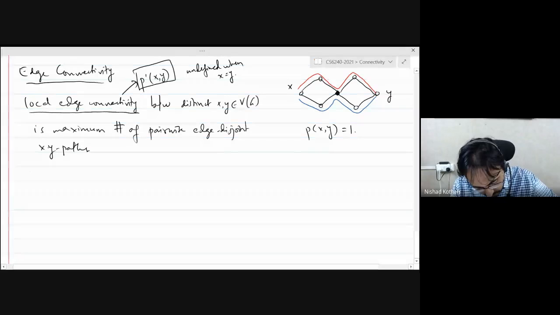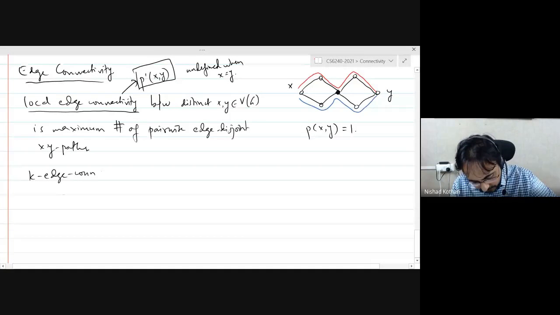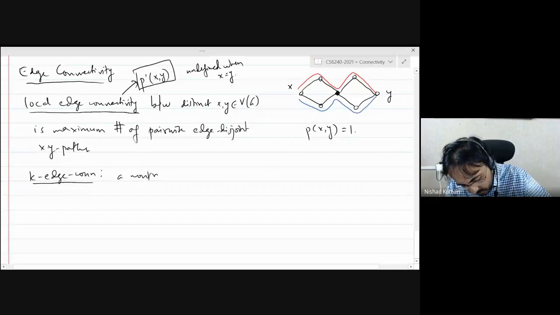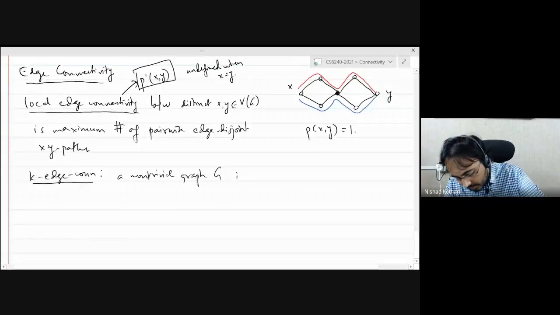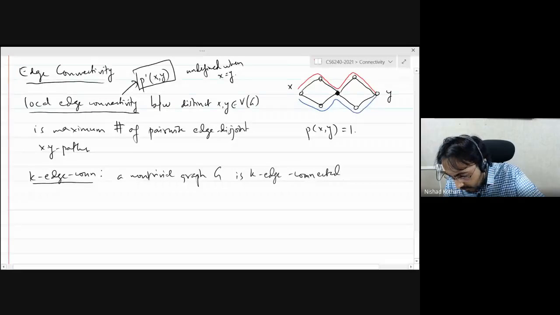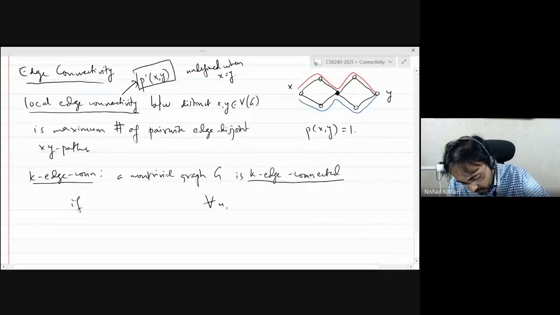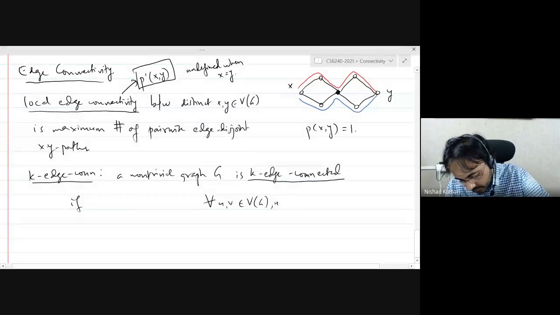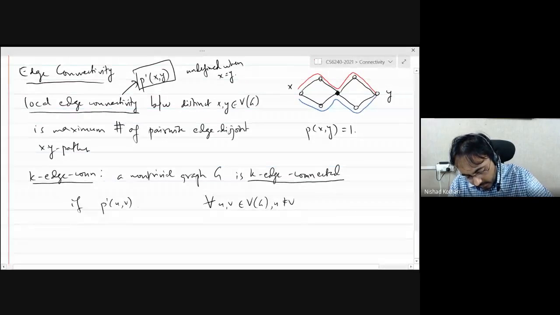So a k edge connected graph: a non-trivial graph G is k edge connected if for any two distinct vertices, the p prime uv is at least k, right?